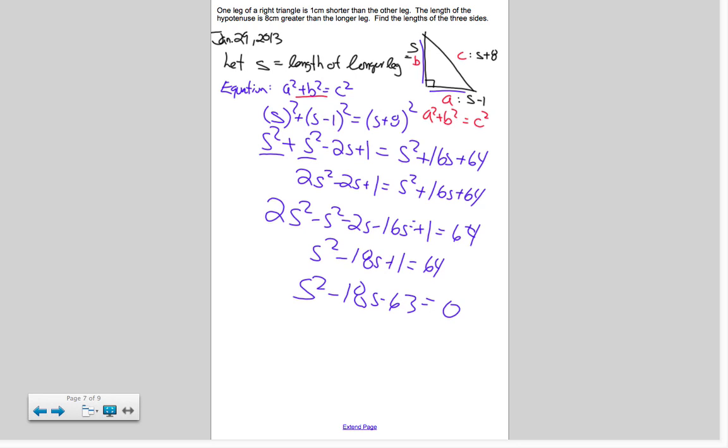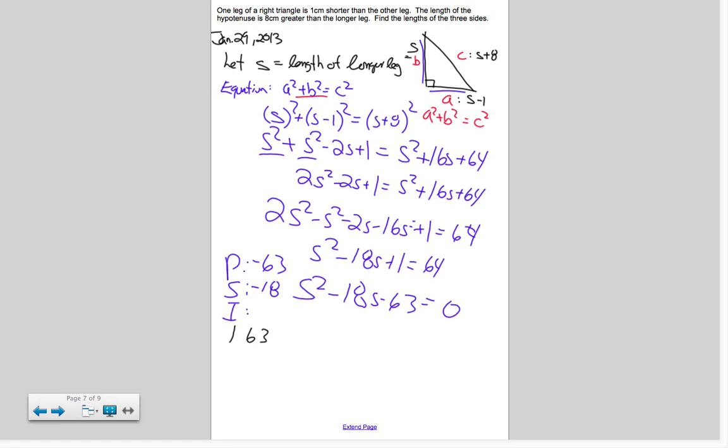Factor? Okay. So our product is negative 63, sum is negative 18. What 2 numbers multiply to negative 63 and add up to negative 18? So what are factors of 63? Obviously 1 and 63. Well, let's work systematically.